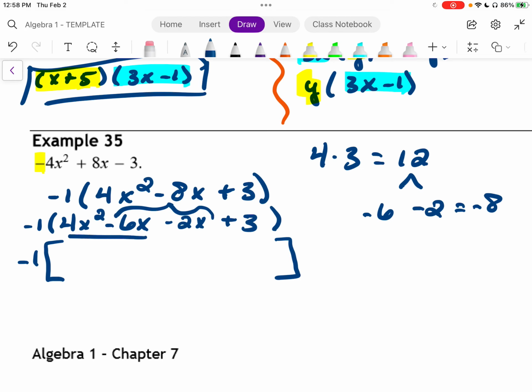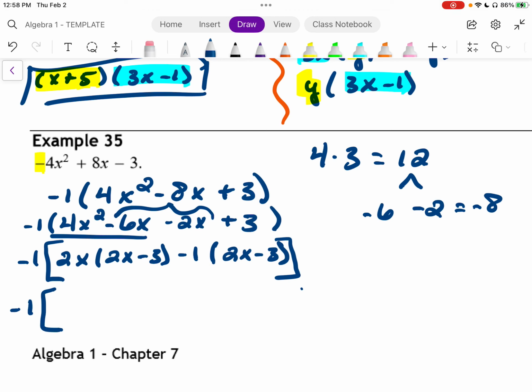And now my first set, I can pull out a 2x, and then I'm left with what? 2x minus 3. And then I look at my second piece. Well, I've already got a negative 2x plus 3, so I'm going to pull out a negative 1. And then I've got 2x minus 3. Next up, I have my negative 1 still sitting out front.